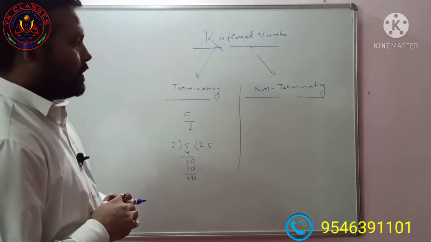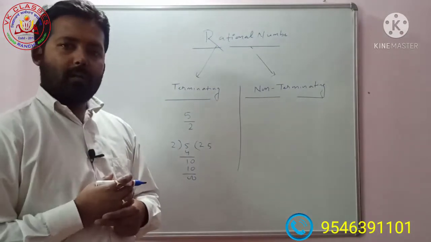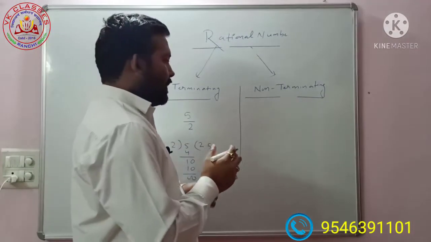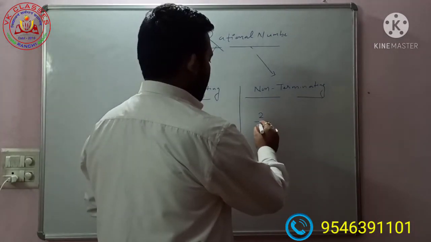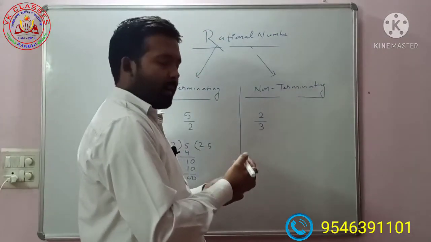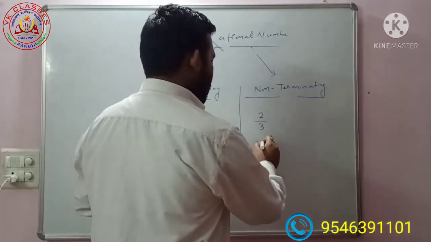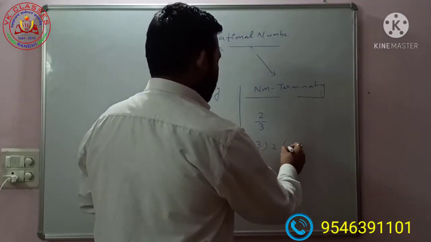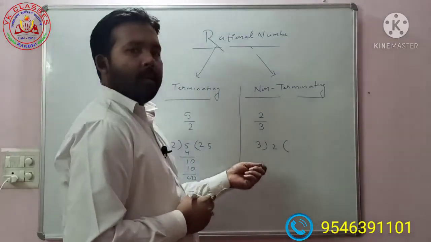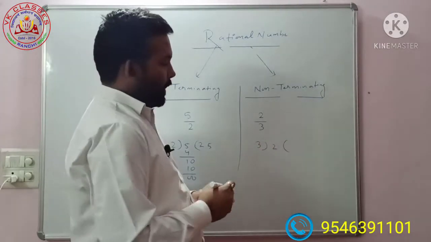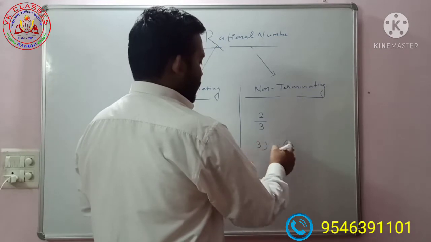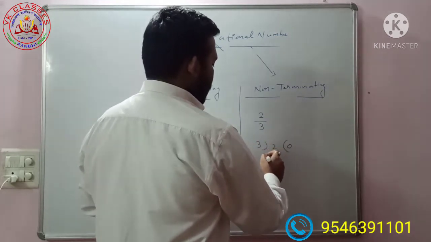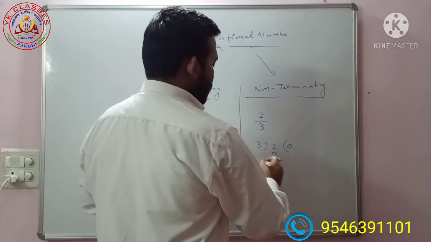Now let us try to understand the non-terminating one. If we divide 2 by 3, see what result we get. This 2 is smaller than 3, so we divide by 0. 3 0s are 0, here you will get 2.